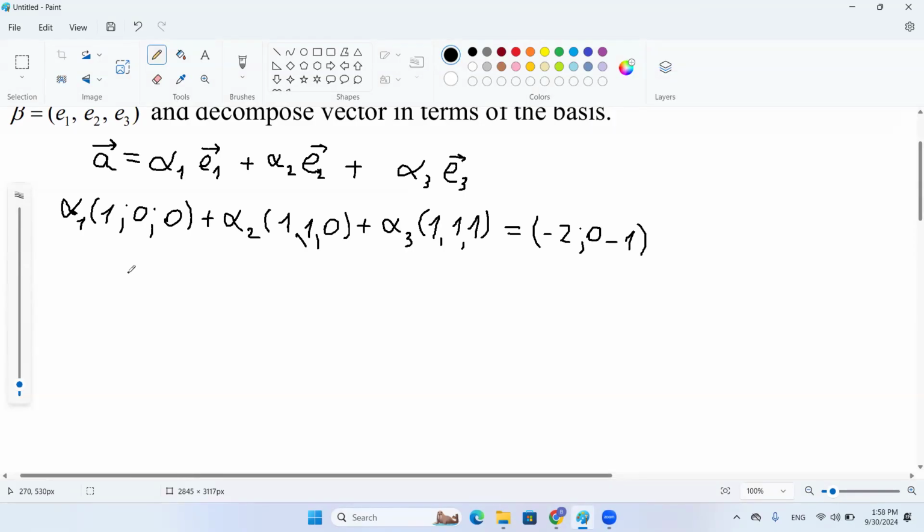For what purpose did we use these matrices? So you don't remember. Okay, so how to solve? We need to solve the system of linear algebraic equations.